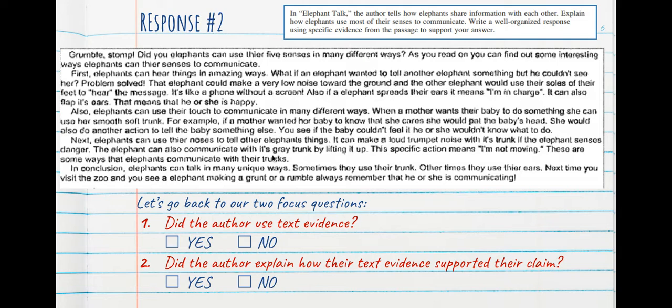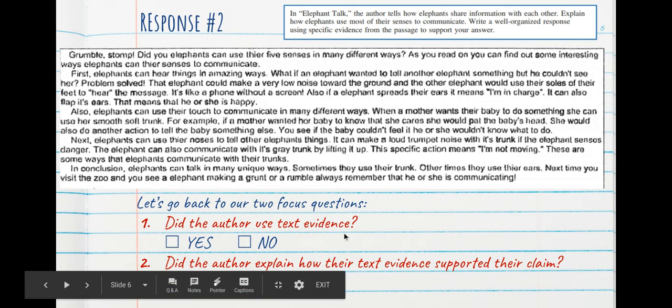The elephant can also communicate with its gray trunk by lifting it up. This specific action means I'm not moving. These are some ways that elephants communicate with their trunks. In conclusion, elephants can talk in many unique ways. Sometimes they use their trunk, other times they use their ears. Next time you visit a zoo and you see an elephant making a grunt or a rumble, always remember that he or she is communicating.